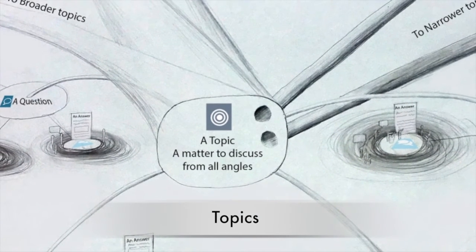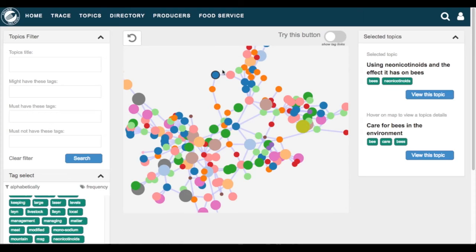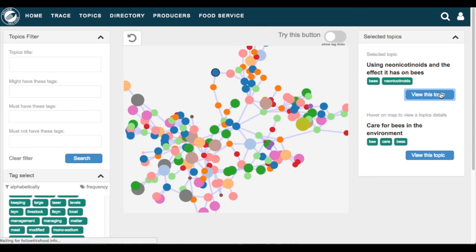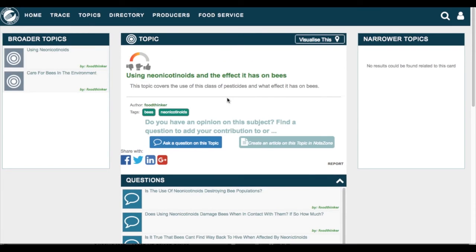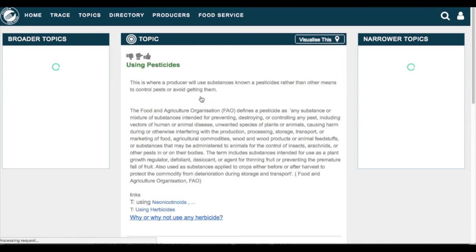Each question falls under one or more topics, which make up a network of information. Each one of these blobs contains a topic. Each one is for inquiring into specific matters. Questions asked from all points of view can be found in one place here, so you can see what other people consider as important questions, with narrow topics such as using neonicotinoids and the effects on bees, containing very specific questions.